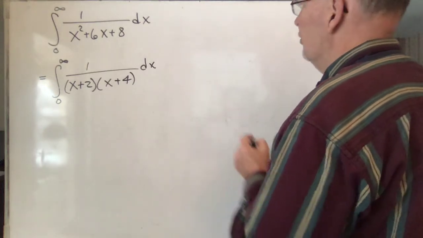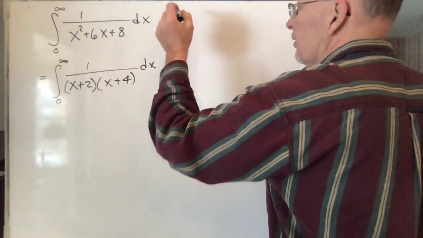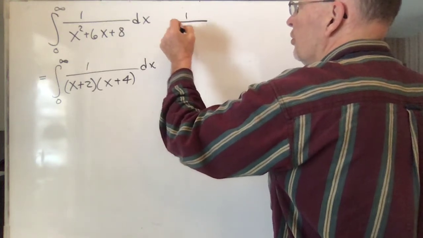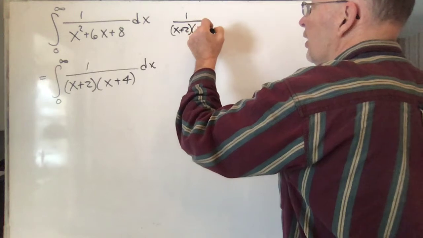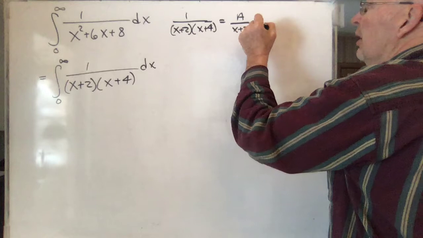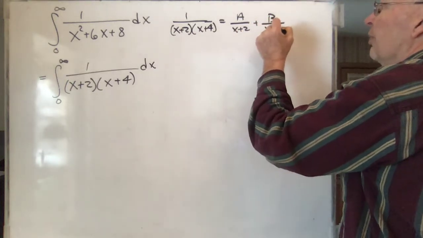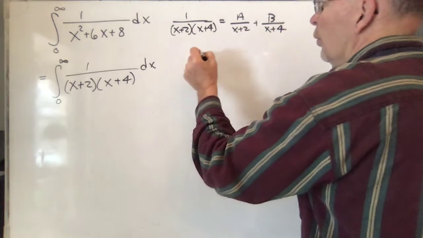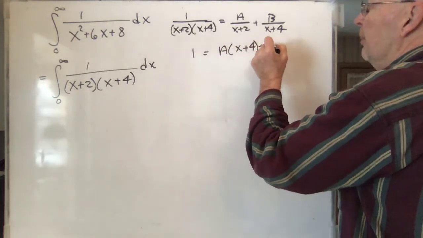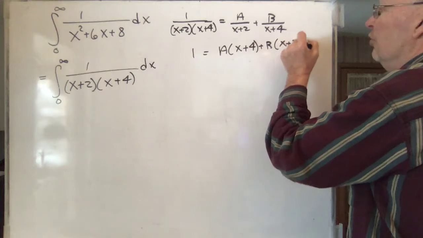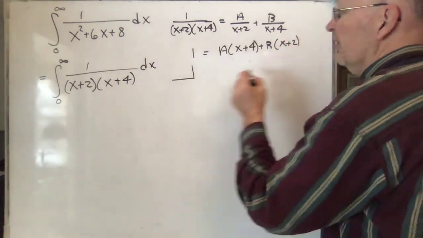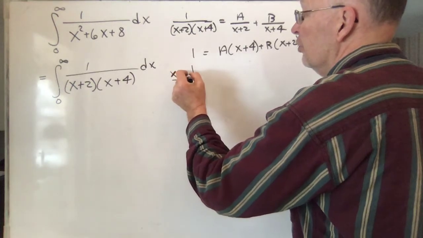So the first thing we need to do is to write 1 over x plus 2 times x plus 4 as a over x plus 2 plus b over x plus 4. And then you get 1 is equal to a times x plus 4 plus b times x plus 2. And then you stick in a couple of judicious values for x. Let's let x be equal to -2.